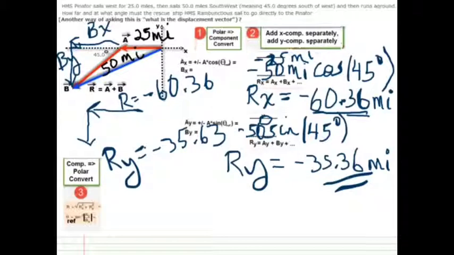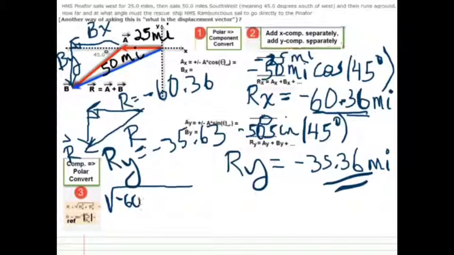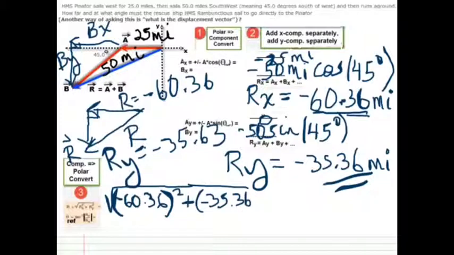And so here's the right angle, and the resultant vector is from the first tail to the last tip of this right triangle. So we get the square root of 60.36 squared plus 35.36 squared, and that gives us 70 miles rounded to 3 significant figures.